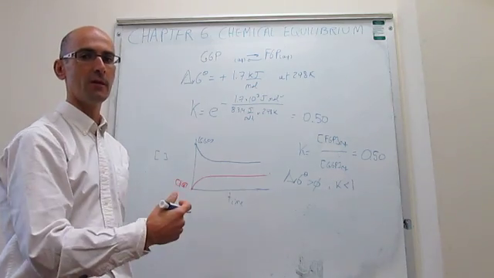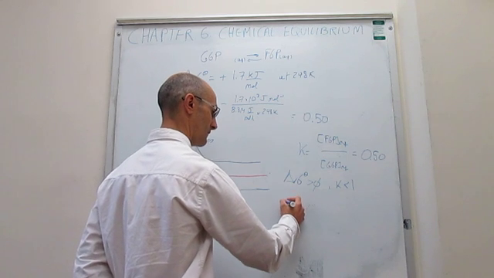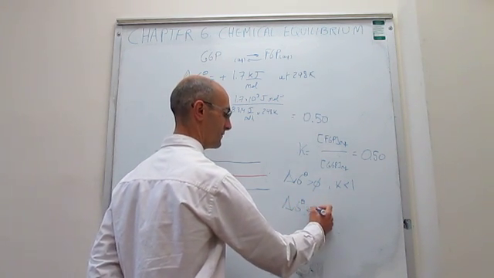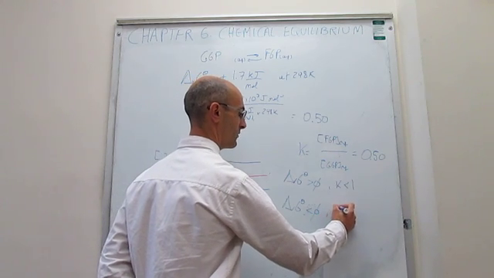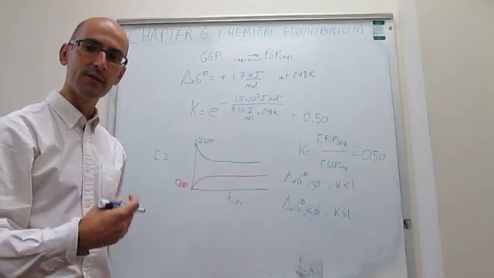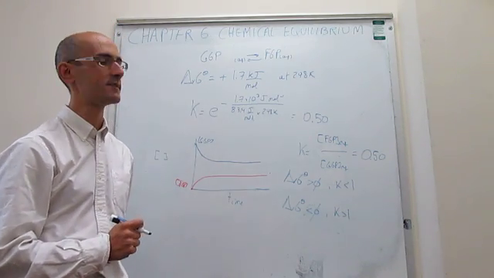It's actually going to stop before you get to 50% completion. If the reaction Gibbs energy at the standard state happens to be negative, then the equilibrium constant will be larger than 1, and then we say that the reaction is displaced towards products because you can convert more than 50% of reagents into products.